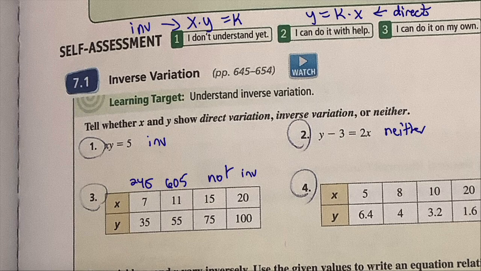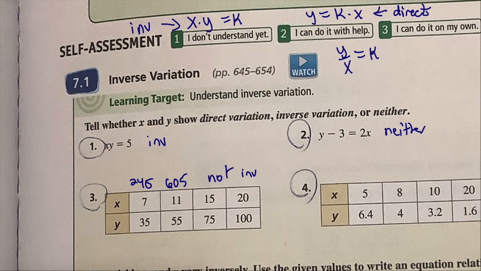So then you have to check, is it direct? Now, how do you know if it's direct? Well, if we take the y and divide it by the x, instead of multiplying the two together, we should always get the same exact thing.